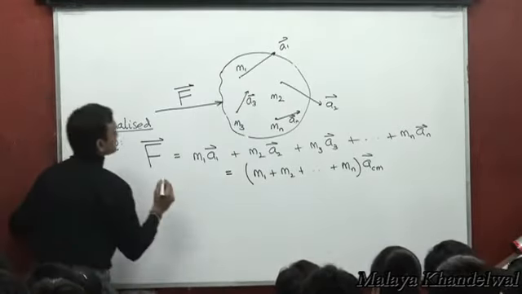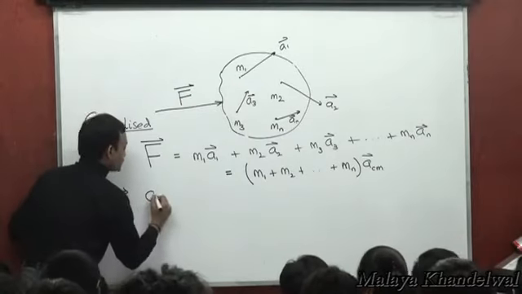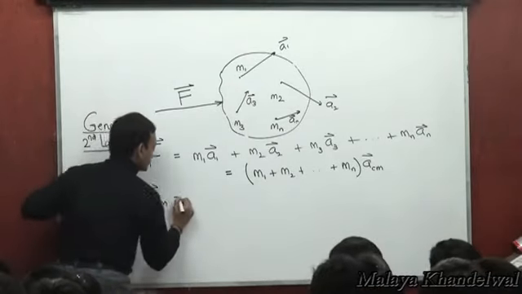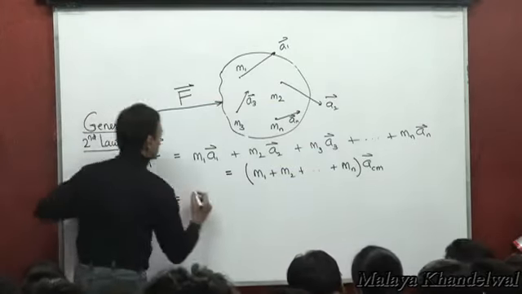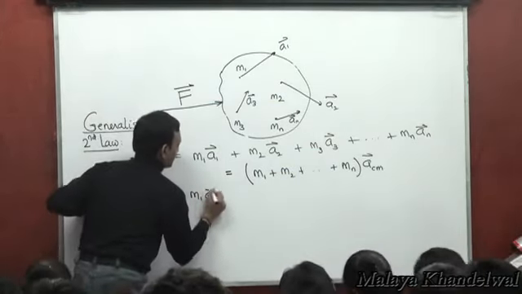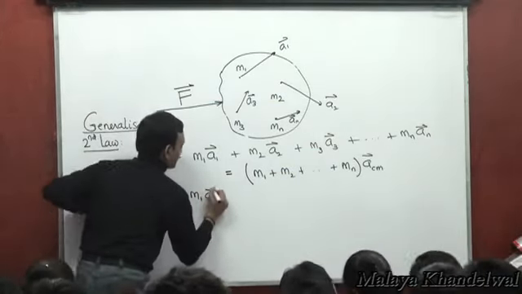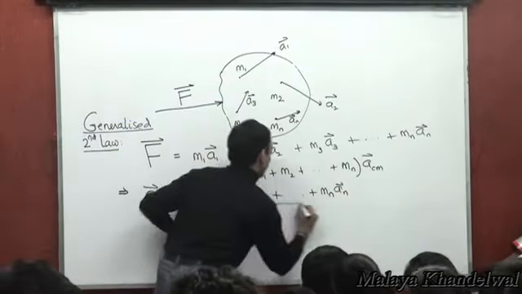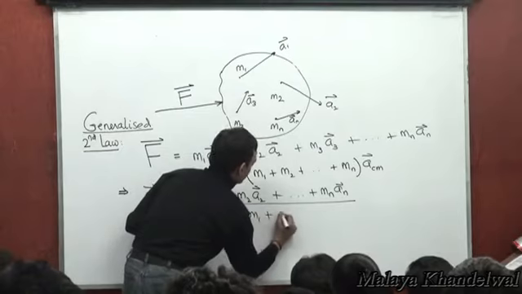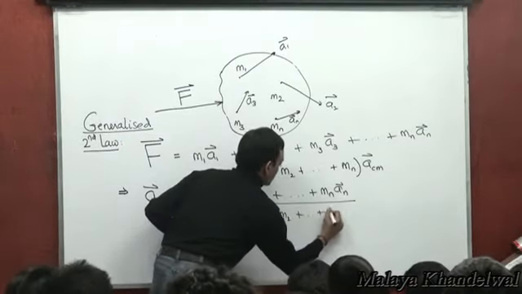Which then brings us to the acceleration of the center of mass. The equivalent particle then has acceleration (m1a1 + m2a2 + ... + mnan) whole divided by (m1 + m2 + ... + mn).